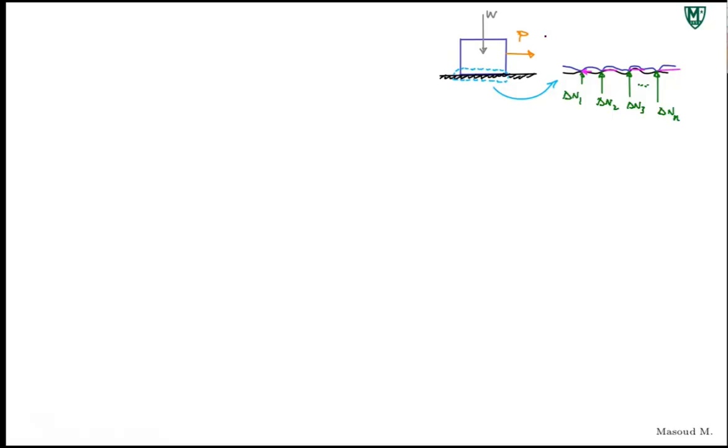If the box is going to the right or about to move to the right, friction should be tangent to the surface at points of contact, and should oppose the direction of the motion, so to the left, all of them. Again, this is at the microscopic level, so let's call these delta F1, delta F2, delta F3, delta Fn.